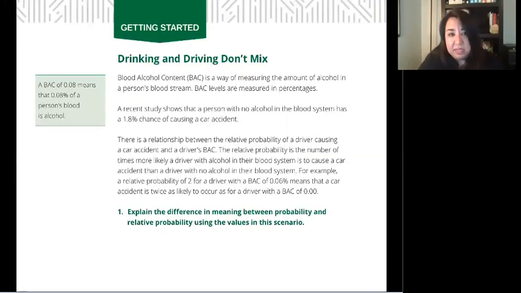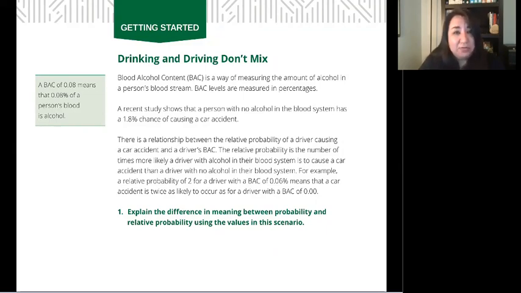In the lesson, you're going to be asked to make sense of some given information. For instance, they're going to talk about blood alcohol content levels, or BAC, which is a way of measuring the amount of alcohol in a person's bloodstream. That is given to you in percentages. They're also going to tell you about a study that shows that a person with no alcohol in their system, so their BAC level is 0, still has a 1.8% chance of causing a car accident.